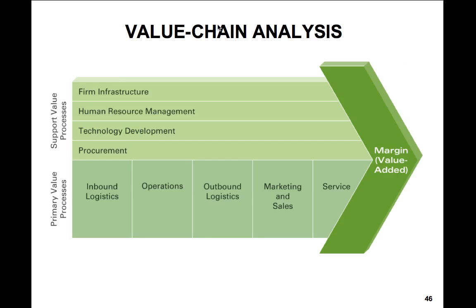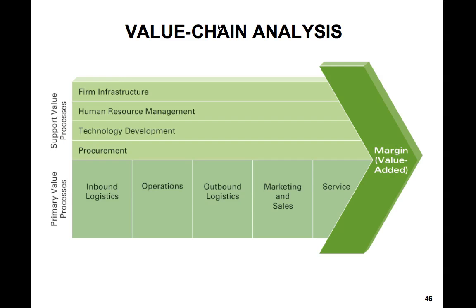And here's the value chain analysis in terms of all the components and how they lead to the margin, the value added approach. So on the left-hand side we have support value processes and primary value processes, putting a value on those two different categories of processes. And then we have examples of the different process categories on the upper and lower part of that arrow.